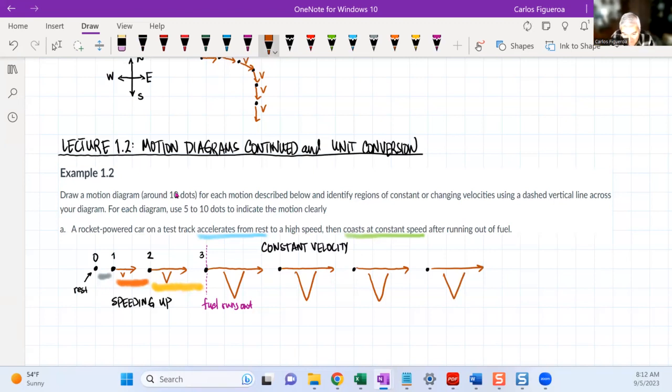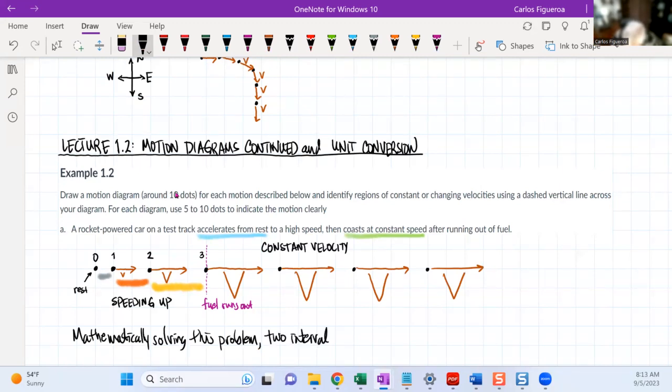Now, if you were mathematically solving this problem, two intervals require two sets of equations.